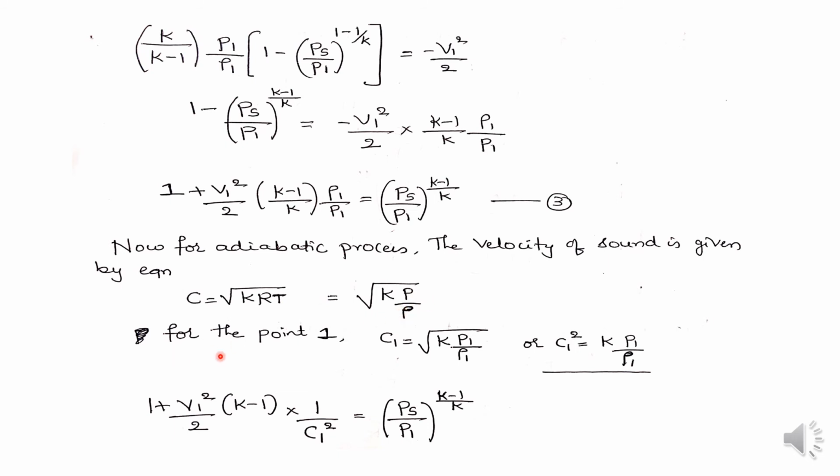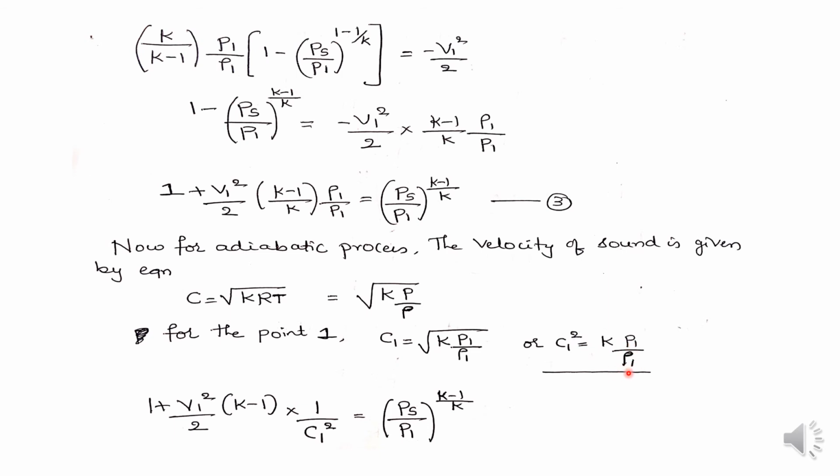So for point 1, if we want to write the equation, c is replaced by c1 equals root of k p1 divided by rho 1. Let me square this equation, because I want to remove the square root sign. So this will be c1 square, and if I square this term, the root will go and k into p1 divided by rho 1 will remain as it is.